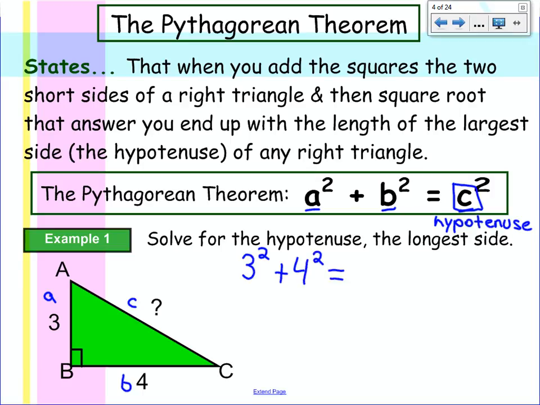No, so we leave it as C. 3 squared is 9, plus 4 squared is 16, plus gives 25 equals C squared. That's not your answer. What do you have to do last? You've got to square root it, and you have to square root both sides. You didn't want to know what C squared was, you wanted to know what C was. So 5 would be your missing side length in this question.